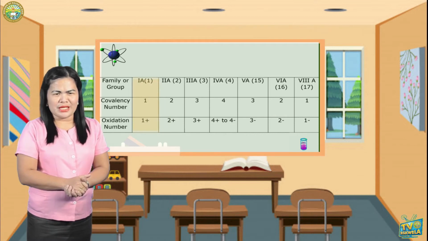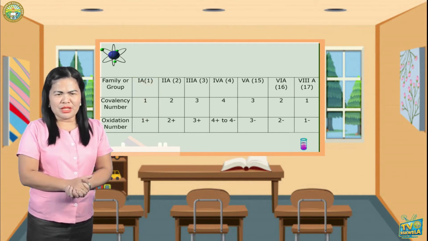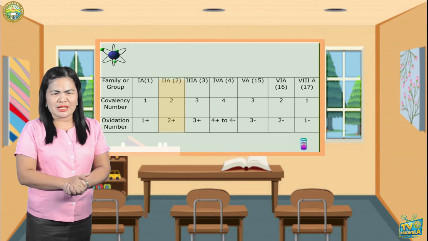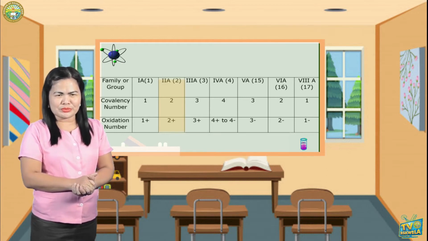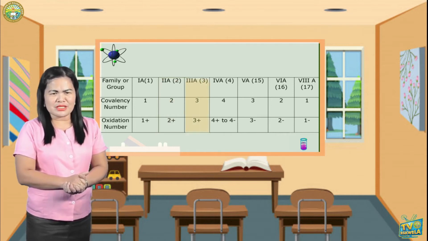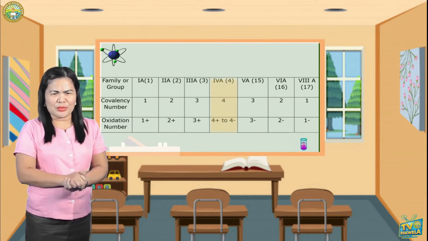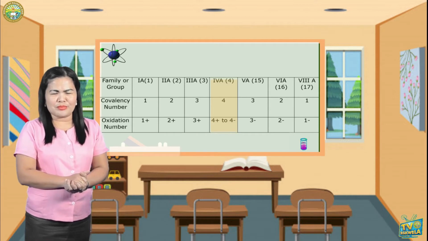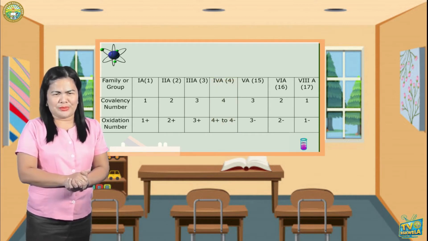Family or group 1A or 1 has the covalency number of 1 and oxidation number of positive 1. Family or group 2A or 2 has the covalency number of 2 and oxidation number of positive 2. Family or group 3A or 3 has the covalency number of 3 and oxidation number of positive 3. Family or group 4A or 4 has the covalency number of 4 and oxidation number of positive 4 to negative 4.